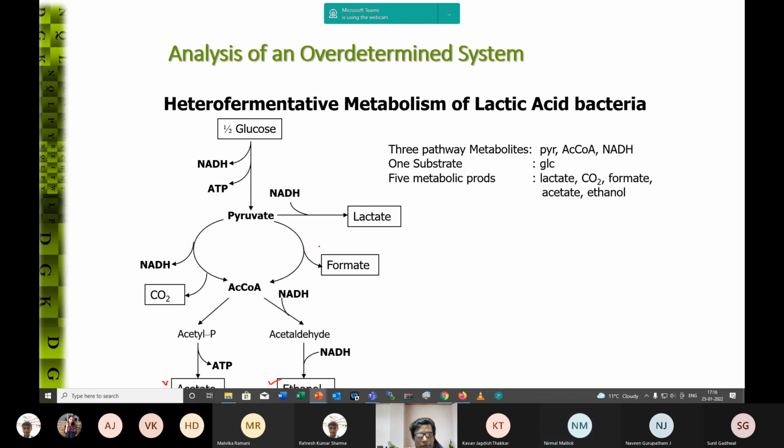You could also consider lactate as something that's being produced here, in excess. But formate you would not consider because that's really part of the TCA cycle, but lactate would go out. But primarily for lactic acid bacteria, acetate, ethanol, and lactate are considered to be the excess things that are being produced.